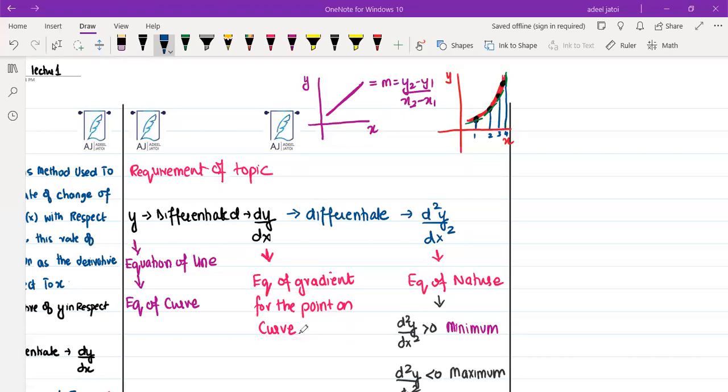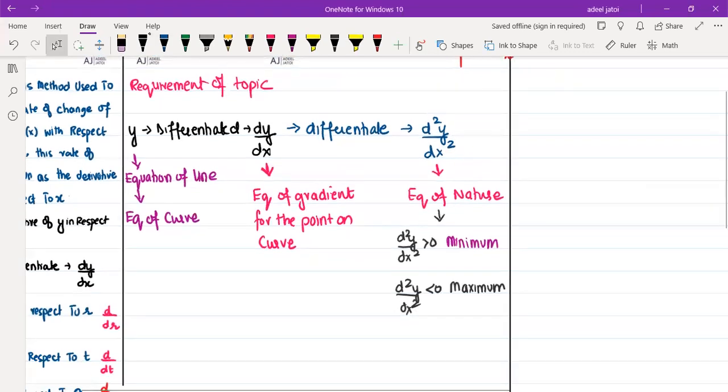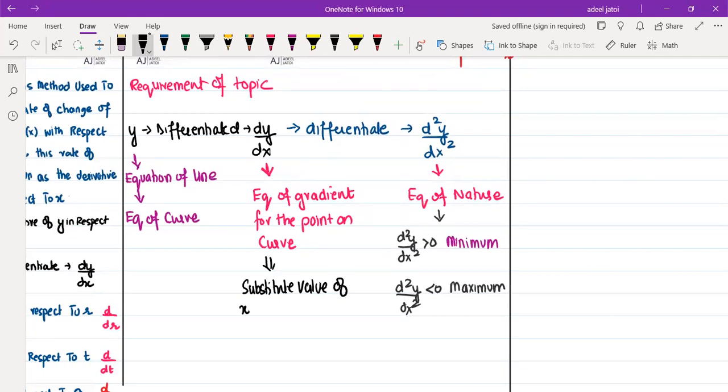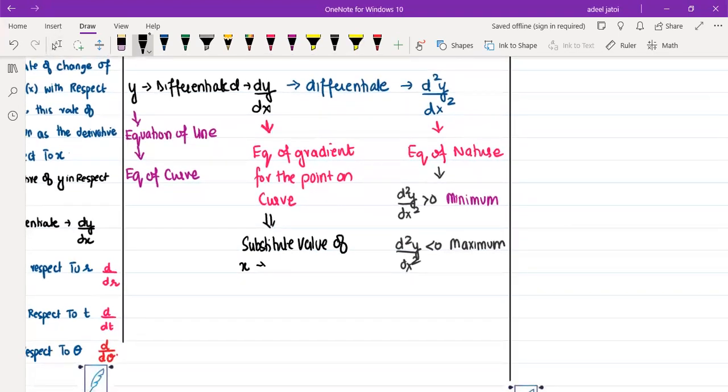So we substitute the value of x to get the gradient for the tangent at that point.